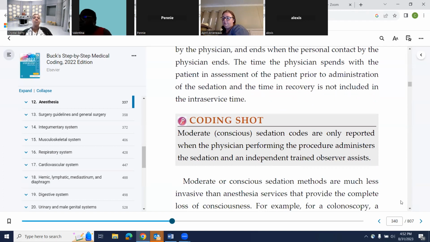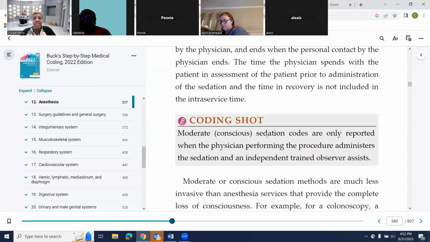So make sure you always read your coding shots. Moderate conscious sedation codes are only reported when the physician performing the procedure administers the sedation and an independent trained observer assists. This is very important to know.